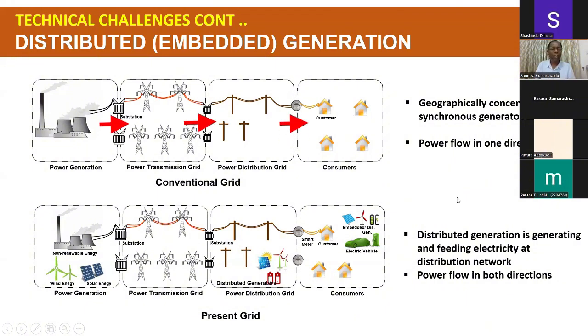The load flow, you can see these red arrows, happens in a single direction from generation to the loads. But in the present day's grid, you can see we have large conventional power plants plus the renewable power plants. The Mannar power plant, the 100 megawatt Mannar power plant, is connected to the transmission network.